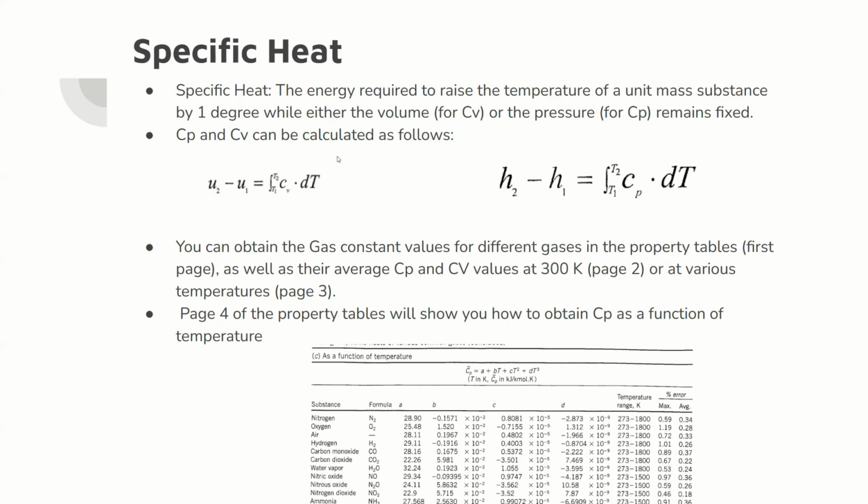Again, if it's not given to you, CP and CV can be found in the property tables at different temperatures, or if it's not clear, just assume room temperature of 300 Kelvin on page 2 of your property tables.